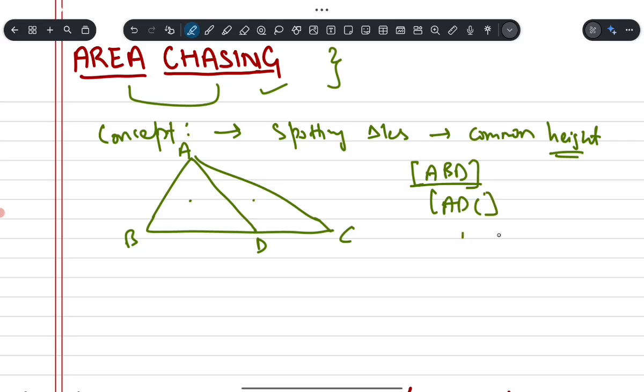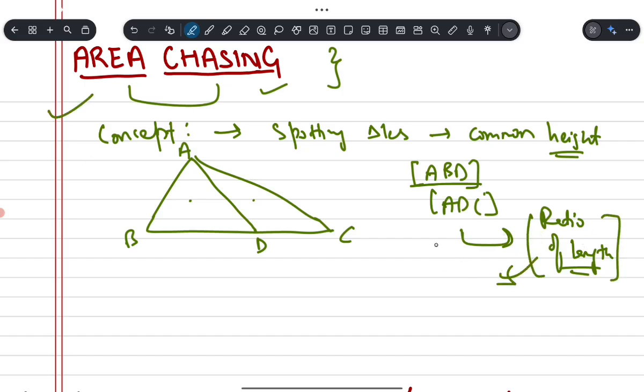So we are going to switch ratios of areas to ratios of lengths. We'll keep doing this throughout this session, throughout this topic. We'll be switching from ratio of lengths to ratio of areas, and then from ratio of areas to ratio of lengths.